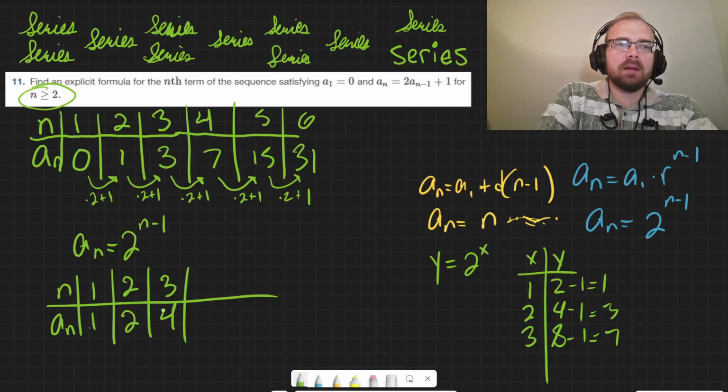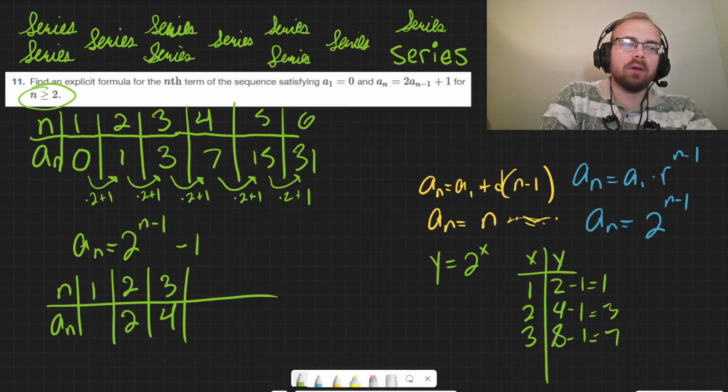So I'm getting a number that's a little bit bigger than what it should be. If I just minus 1 to that, then n being 1: 1 minus 1 is 0, 2 to the 0 is 1, 1 minus 1 is 0. Plug in 2: 2 minus 1 is 1, 2 to the first power is 2, 2 minus 1 is 1. Plug in 3: 3 minus 1 is 2, 2 squared is 4, 4 minus 1 is 3.